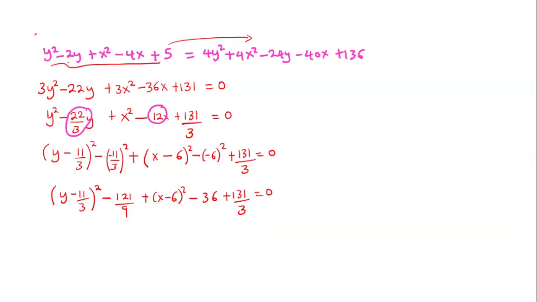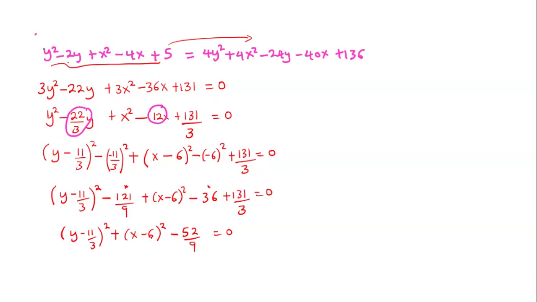So the next thing I'm going to do is collect like terms. I'm going to have this and this added together. So I'm going to have y minus 11 out of 3 squared plus x minus 6, everything squared. When you combine negative 121 out of 9 plus negative 36 plus that one, I'm getting negative 52 out of 9 equals to 0.